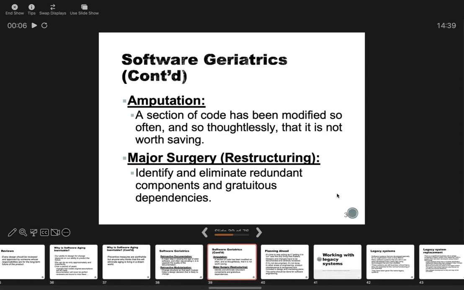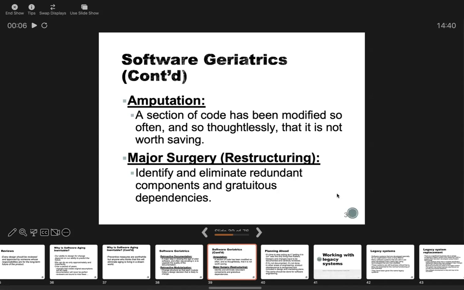So in software geriatrics, there are two other cases: amputation and major surgery. In amputation, a section of code has been modified so often, changed so often. For example, in one e-commerce application, the discount section might be changed many times, so thoughtlessly.